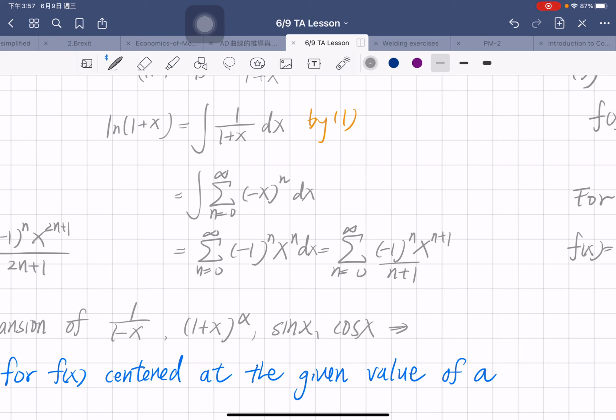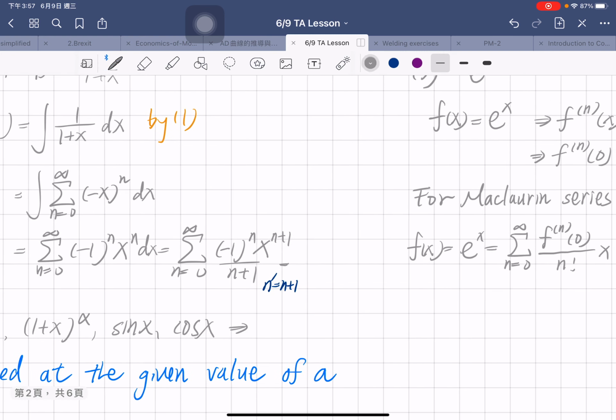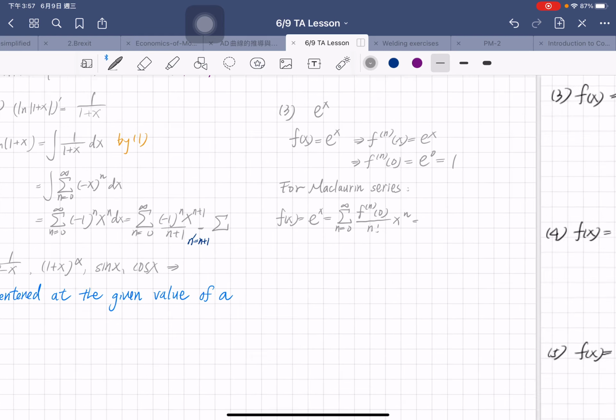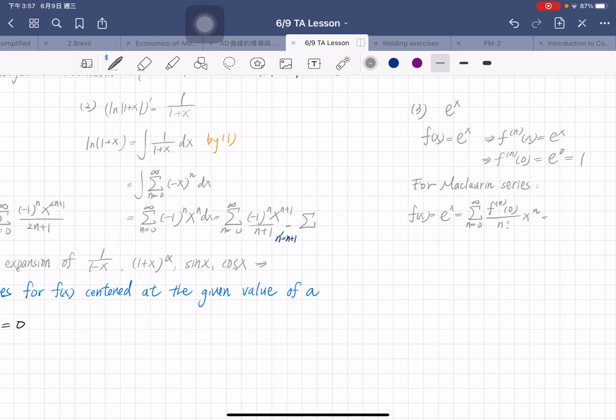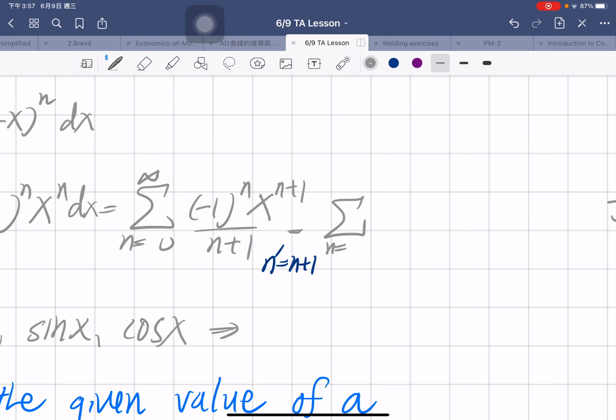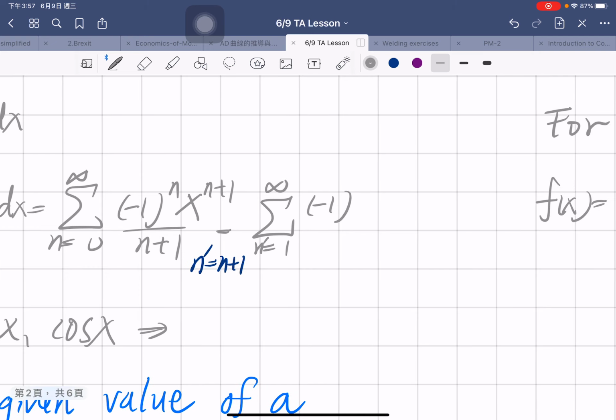Okay, so if we change n to n prime equal to n plus 1, it will turn into sigma from n prime equal to 1 to infinity of (n prime minus 1) power of minus 1, times x to the n prime, divided by n prime.